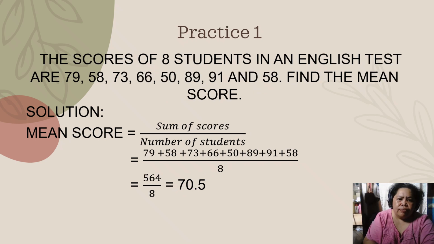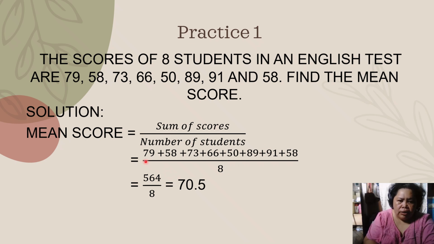Okay, next, let's practice. The scores of 8 students in an English test are 79, 58, 73, 66, 50, 80, 89, 91, and 58. Find the mean score. For your solution, to get the mean score, we have the sum of scores over the number of students.